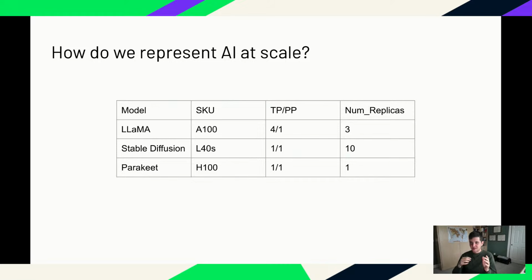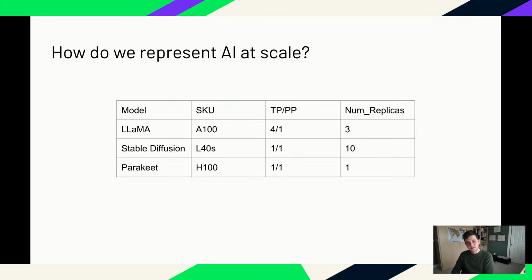Essentially, with respect to TCO, we usually use a metric that's tokens per second over the number of GPUs that it's being represented on.